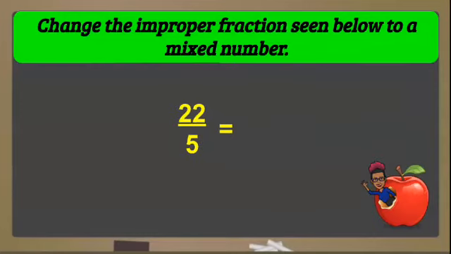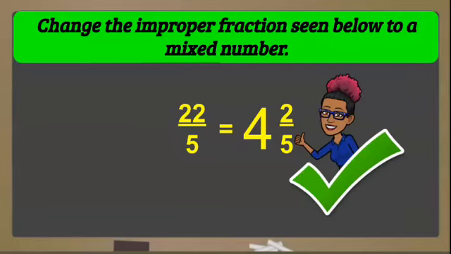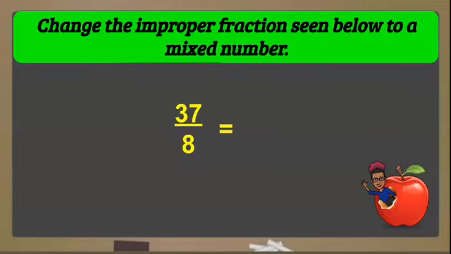Another, change improper fraction 22/5 to a mixed number. Our mixed number would be 4 and 2/5. Let's try another.